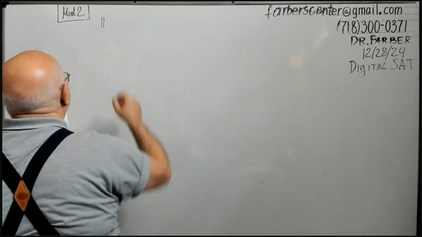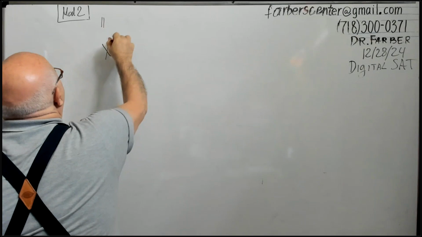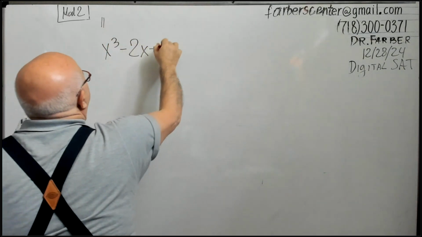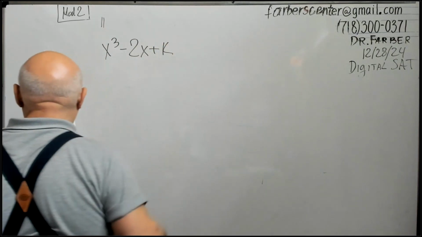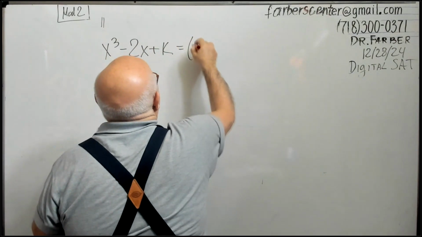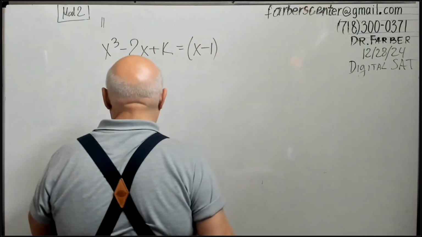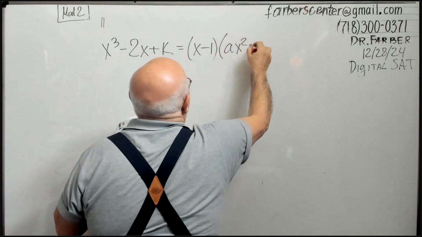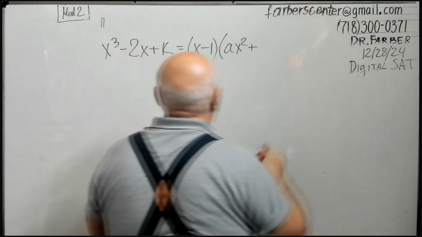I believe this is x cubed minus 2x plus k equals x minus 1 times ax squared plus bx plus c.